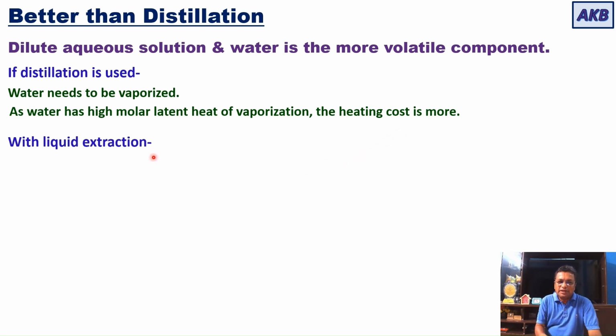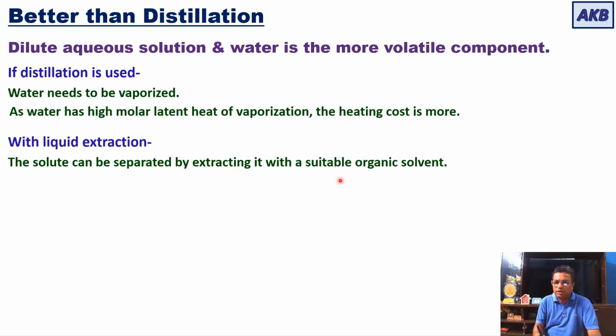If you use liquid extraction in this case, what advantages do you have? The solute can be separated by extracting it with a suitable organic solvent. So you choose a suitable organic solvent to extract solute from aqueous solution.